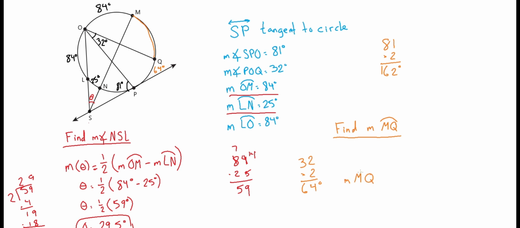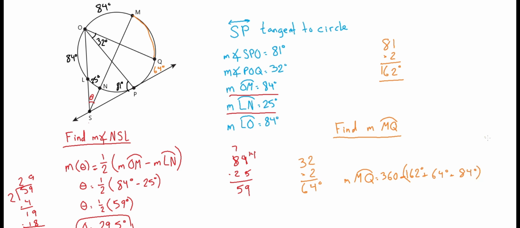So the measure of arc MQ would just be 360, because 360 degrees are in a circle, minus all this. We have arc OP, which we found was 162 degrees, and we'll put this in parentheses, plus the measure of arc PQ, which we found to be 64 degrees, plus OM, which is 84 degrees.